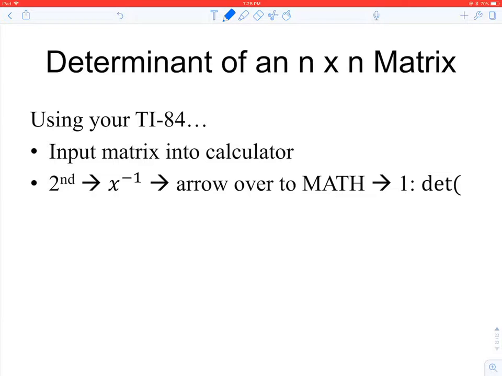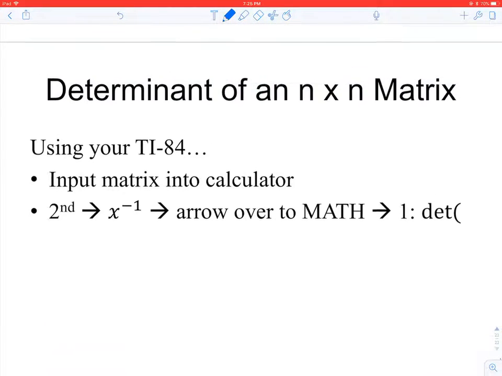I think determinant's number 1. So you want to hit enter to call up that operation, and then you need to go back to the matrix menu to call up matrix A and hit enter. And that will give you the determinant of any n by n matrix, a 2 by 2, a 3 by 3, a 4 by 4, a 5 by 5, and so on.